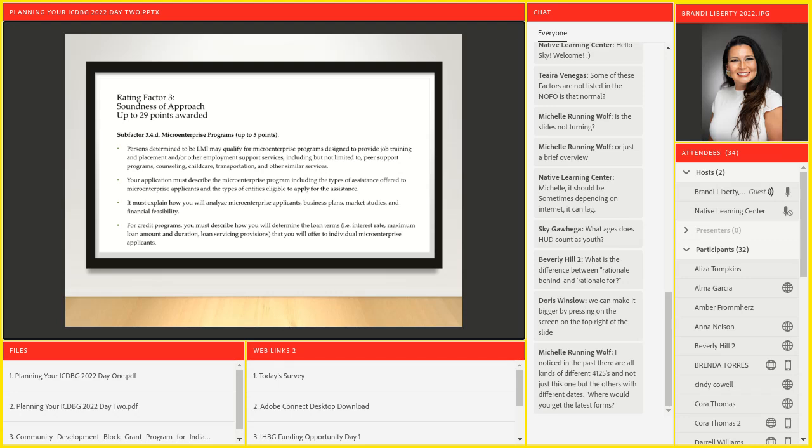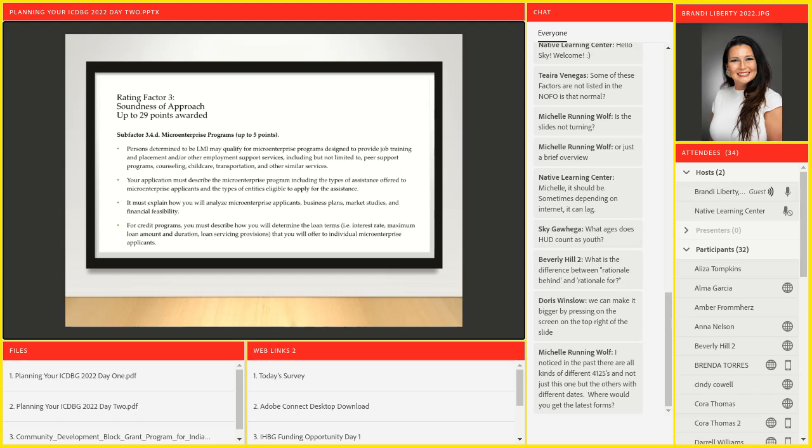Your application needs to describe the micro enterprise program, including the type of assistance offered to micro enterprise applicants and the types of entities eligible to apply for the assistance. You must also explain how you will analyze those micro enterprise applications, business plans, market studies, and feasibility studies.